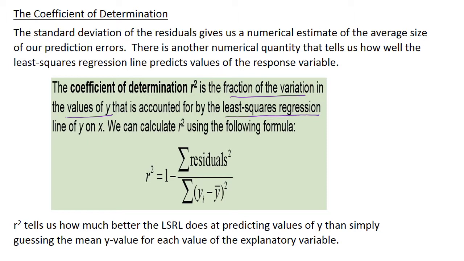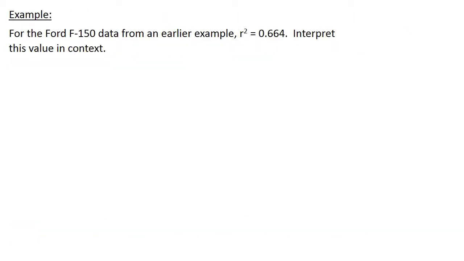Again, I think it will help us to look at an example. So back to the Ford F-150 data, what if the R-squared is 0.664? How will we interpret this in context?